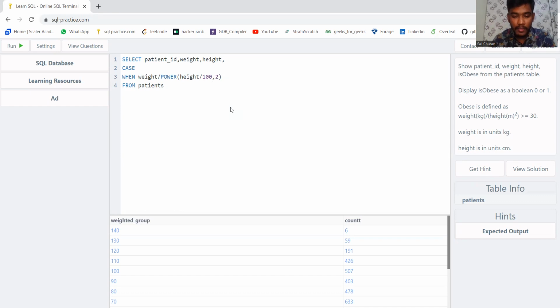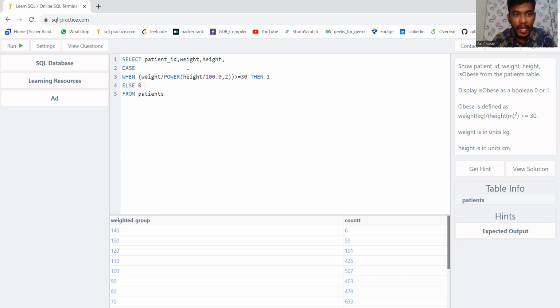Now let's keep this in brackets for convenience. As we are dividing by 100, we need to keep it as a float value. If this value is greater than or equal to 30, then 1 as is obese, else 0.